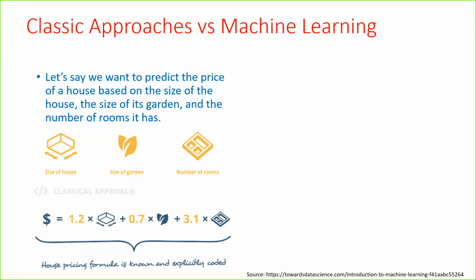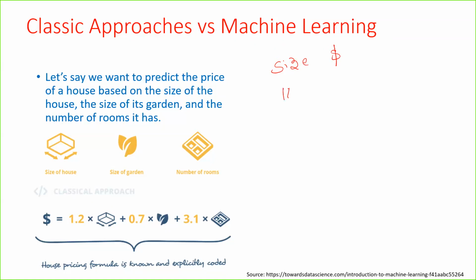And what is the beauty of the machine learning approaches? To understand this, let us take the same example, but to simplify the problem for you, I'm just taking only one feature, the size of the house, and the corresponding output variable, which is the price of the house. Let's say the data is something like this.